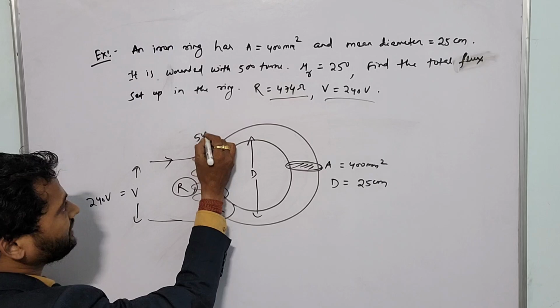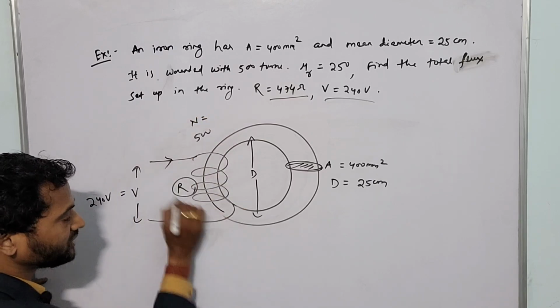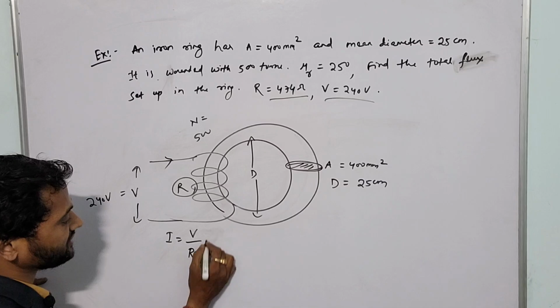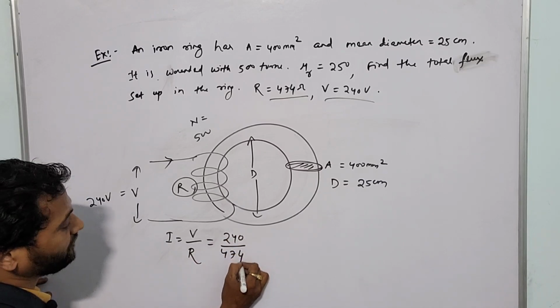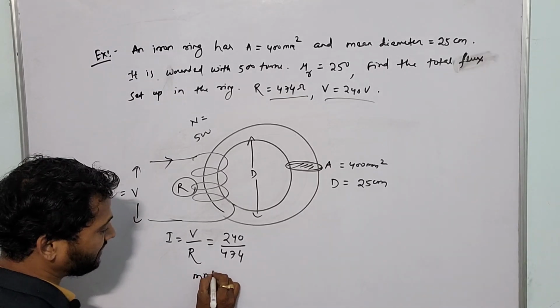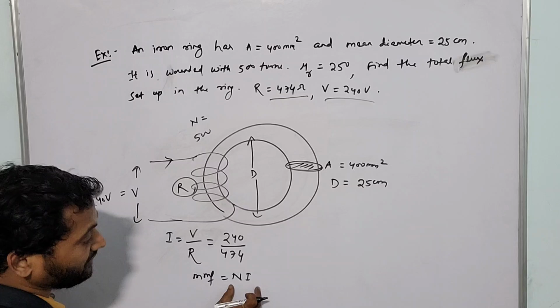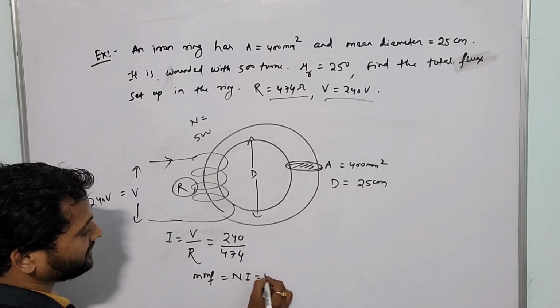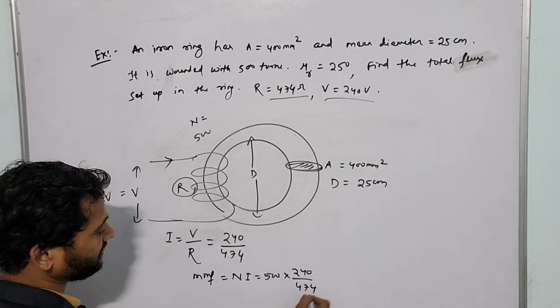So from the statement we can find the current flowing through the coil. Current is voltage upon resistance. Voltage is 240, resistance is 474. So we got the current, okay. Now we can find the mmf. mmf is nothing but Ni. The number of turns is 500, and I is 240 upon 474.